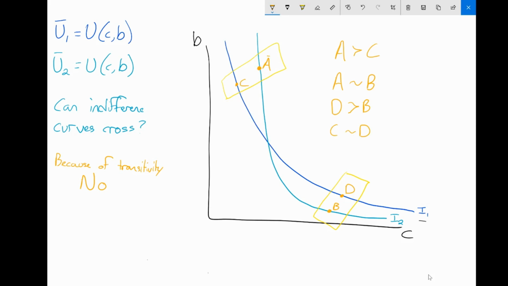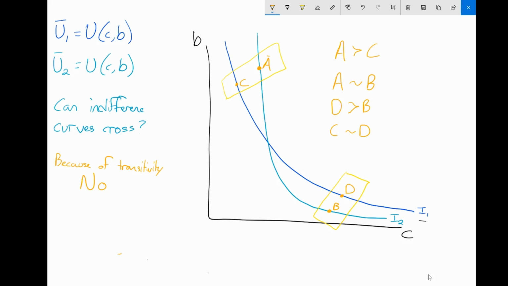So let's put this together and see whether or not we violate transitivity. So A is indifferent to B. And actually, why don't we even put this in terms of utility?